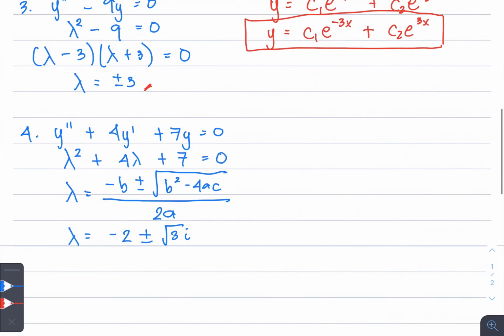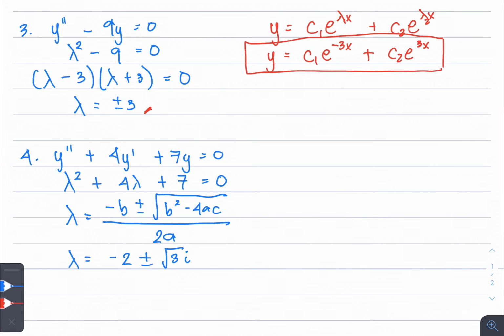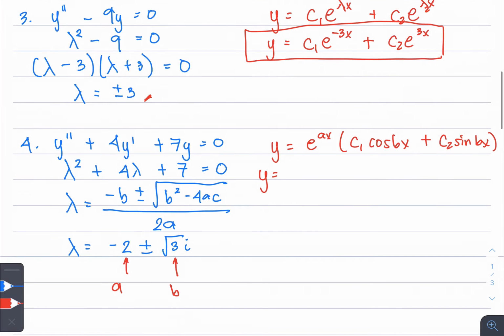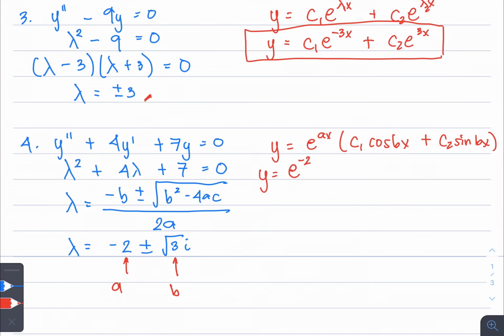So the solution will follow the format of y equals e ax times c1 cosine bx plus c2 sine bx. So our a is negative 2 and then b is square root of 3.